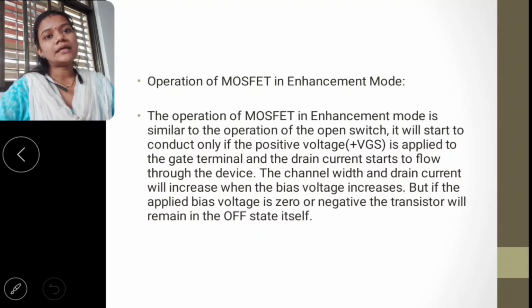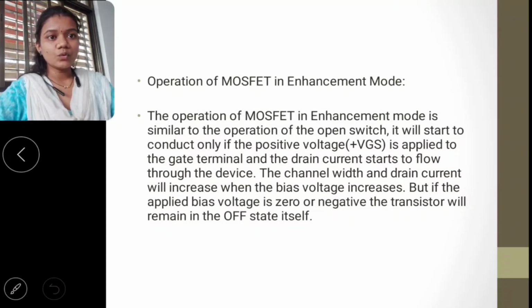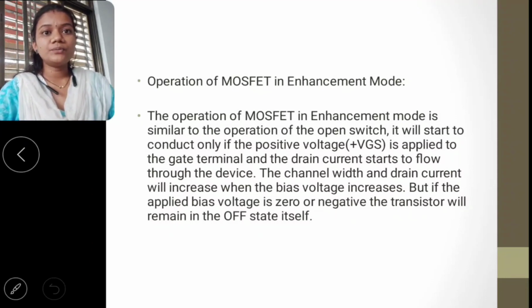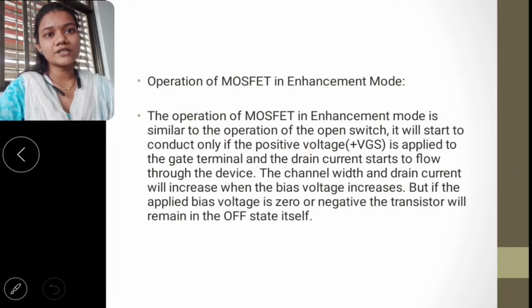It will start to conduct only if a positive voltage is applied to the gate terminal, and the drain current starts flowing through the device. The channel width and drain current will increase when the bias voltage is increased, but if the applied voltage is 0, or negative, the transistor will remain in the off state.